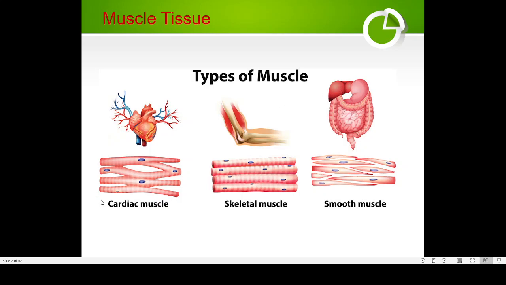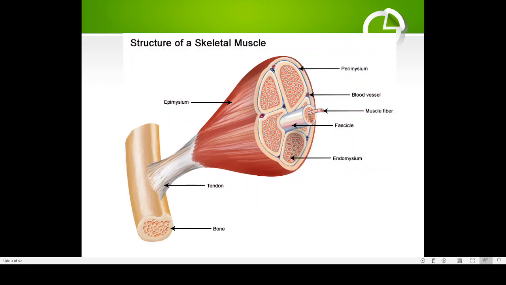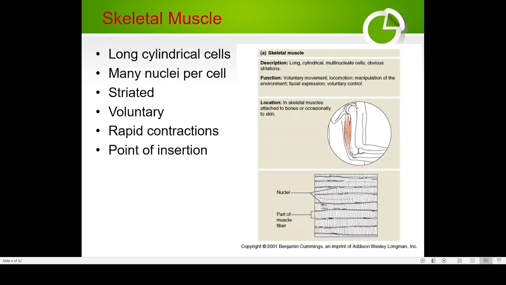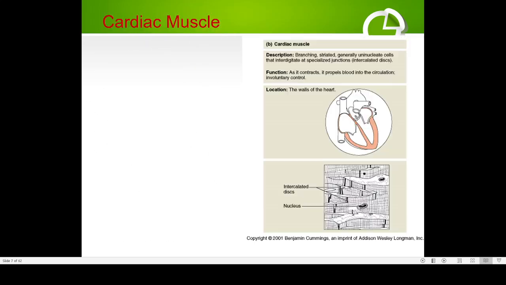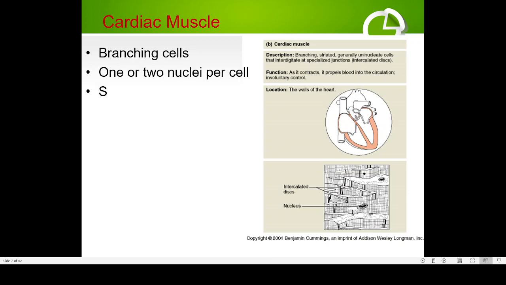That is why we call them faint striations, not very prominent. That is a peculiarity of the cardiac muscle, and we call it by that name because it is associated with the heart region.